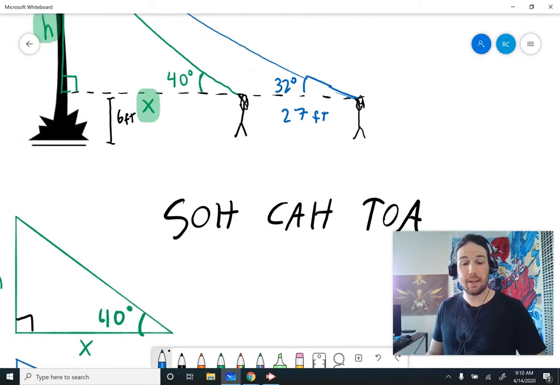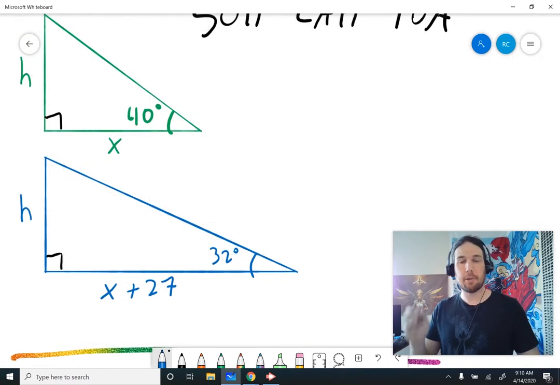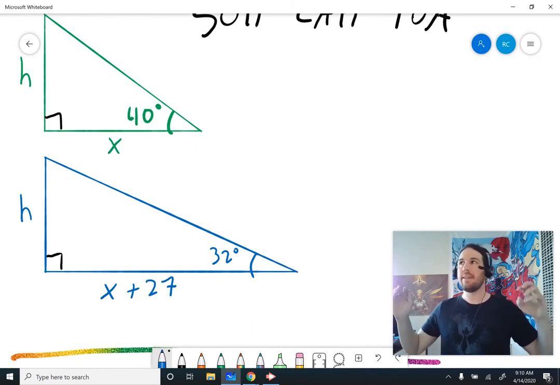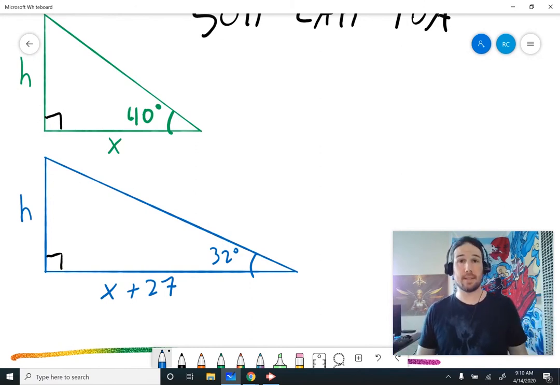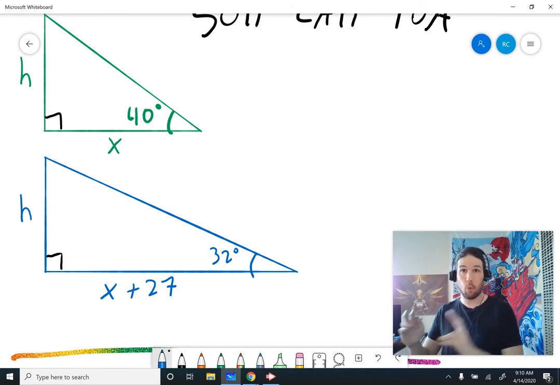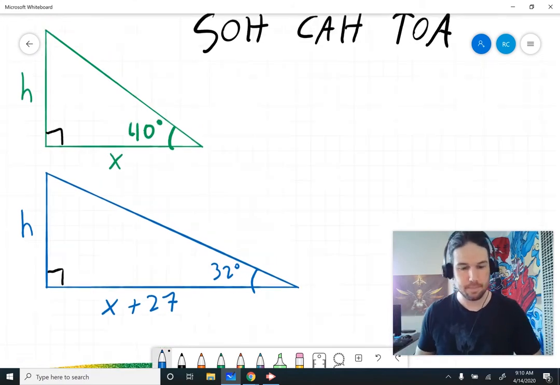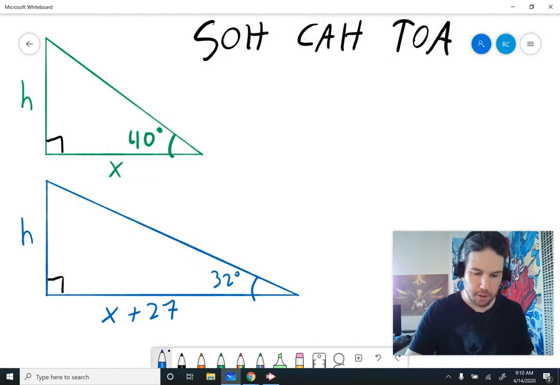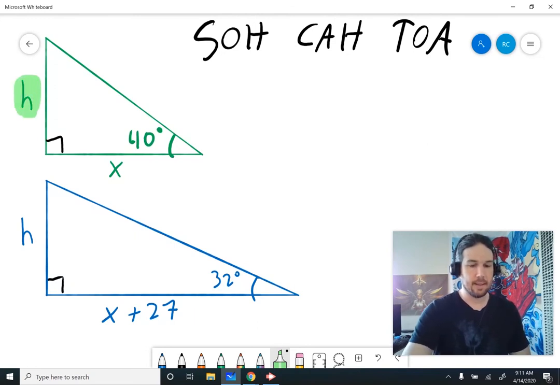So the total length is that x plus an extra 27. Again, a lot of students overthink this, and they seem to think that variables somehow work differently from quote unquote regular numbers. They don't.